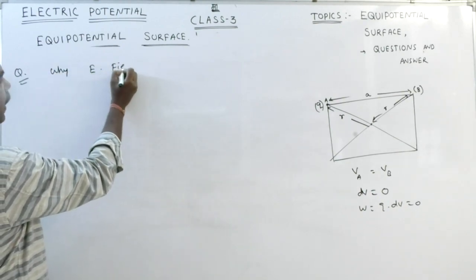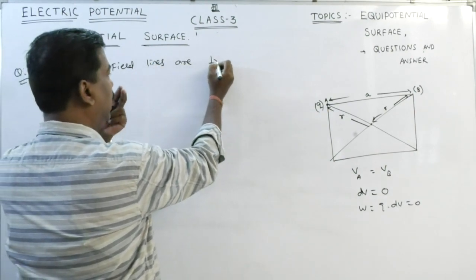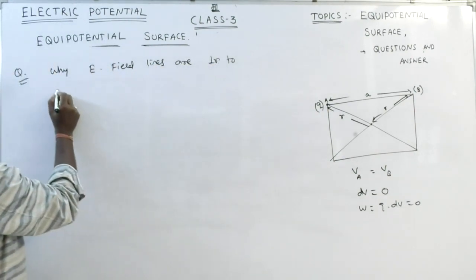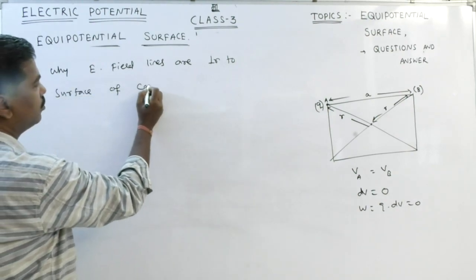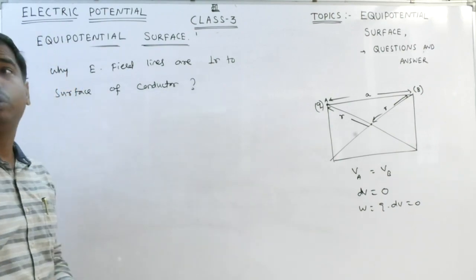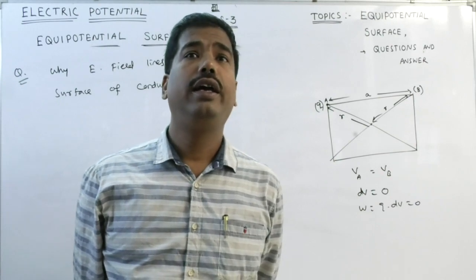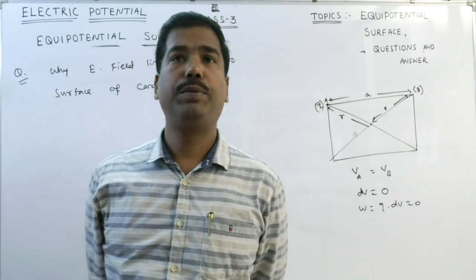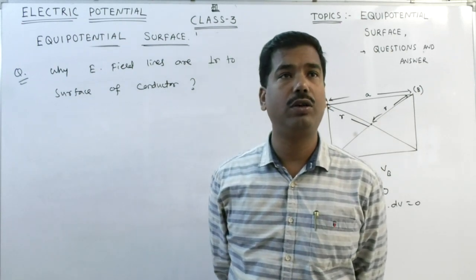Why are electric field lines perpendicular to the surface of a conductor? Listen to me. In class 2, in the electric field chapter, we explained that electric field lines are always perpendicular to the surface of the conductor.